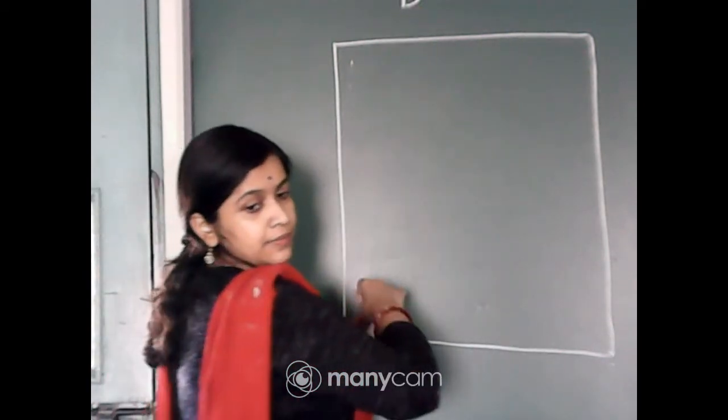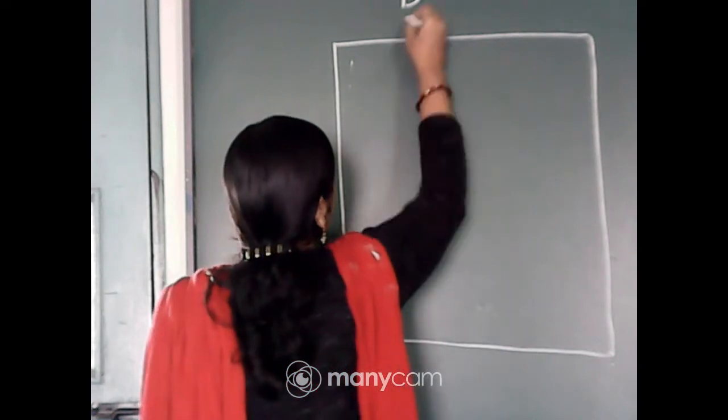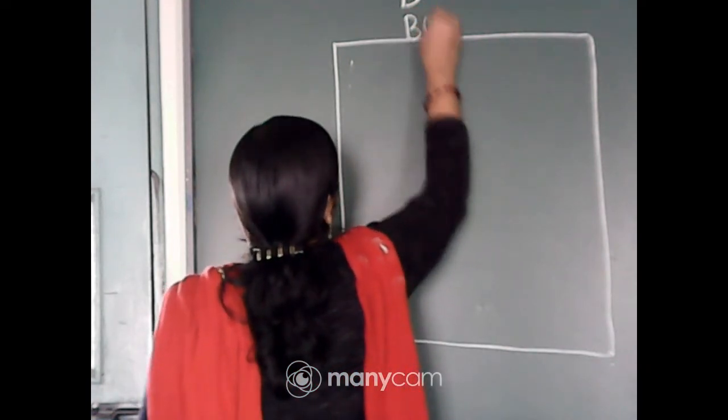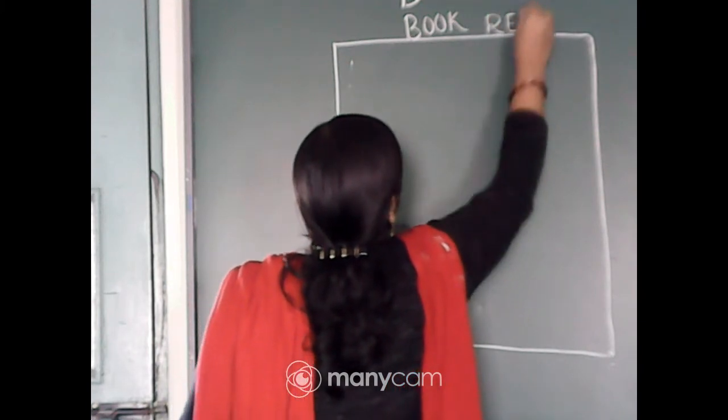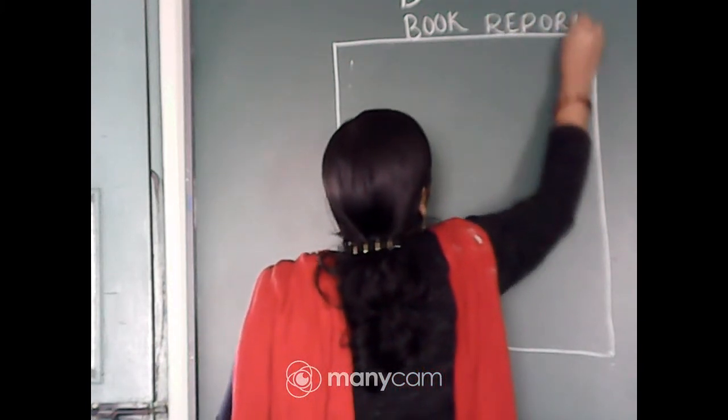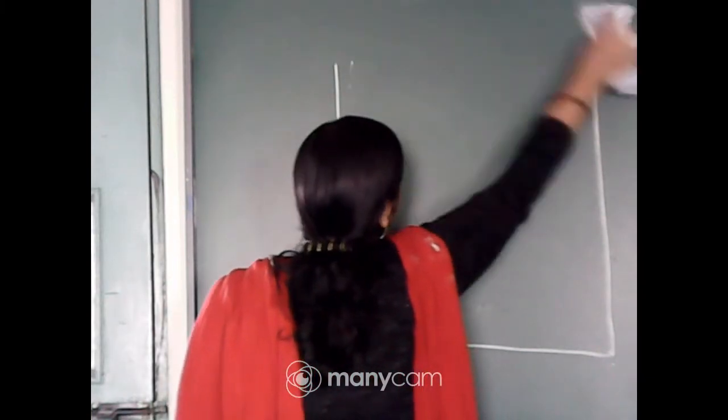Can you see? On the top of the first page, write the word book report in bold. Okay. And then underline it. In the top of the first page. Okay, the first page which I showed you. Now, this is the second page.